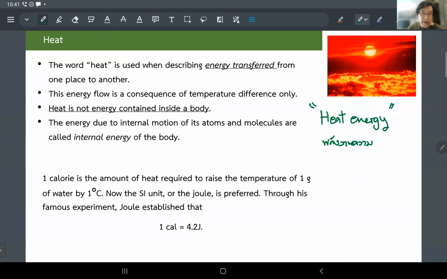The reason for that is because in Thai, we can translate heat as ความร้อน. But let's speak in terms of what it means by heat energy. What do you think? The answer is, well, actually, this one is an illegal term. And of course, it looks weird.